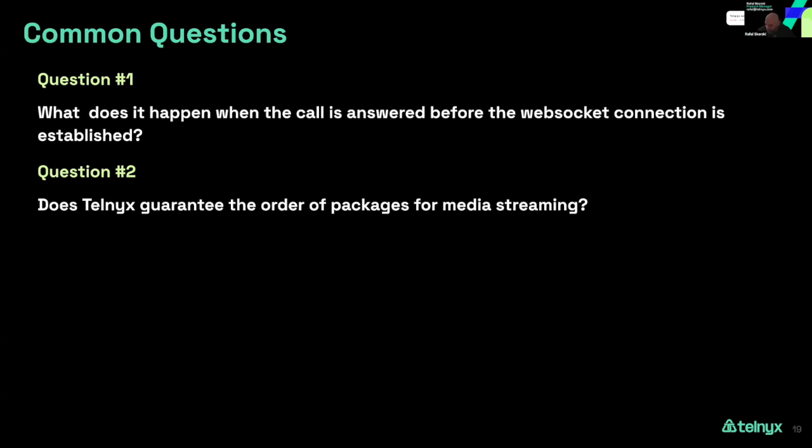If you are using RTP stream, you can send, of course, as many messages as you want, probably with not higher frequency than the audio that you are sending to us. In general, 20 millisecond packages are supported. So this one per second is about MP3-based bidirectional streaming.